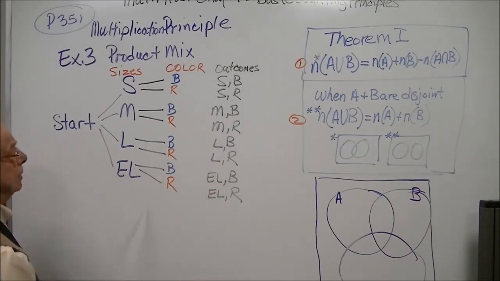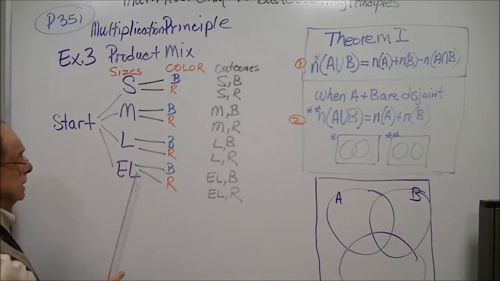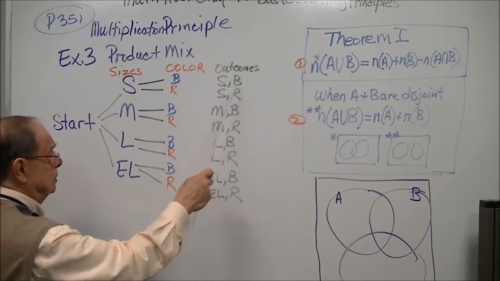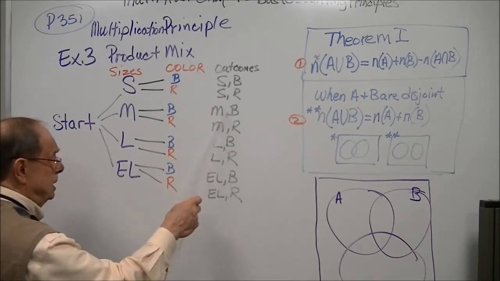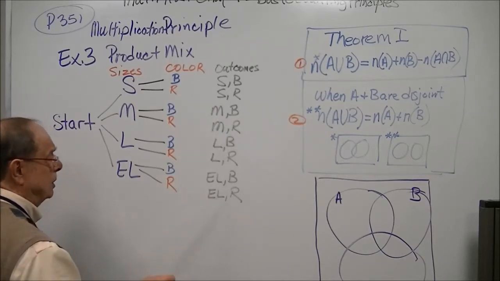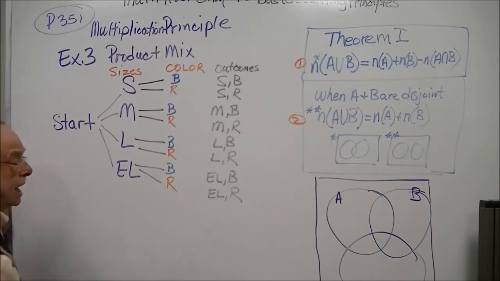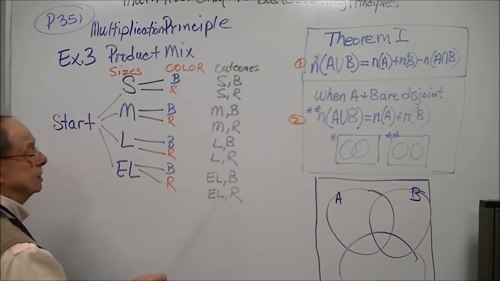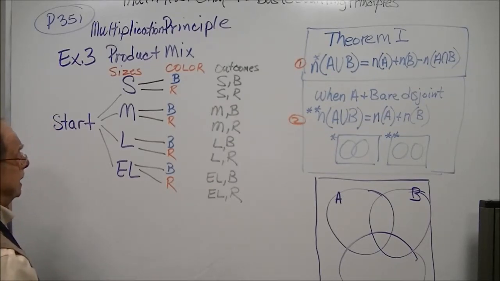By the way, this is called a tree diagram, like a tree in a forest. And your outcomes are small blue, small red, medium, all the way down. And you might say, how many outcomes do you have? Well, in this case, there are 8 possible outcomes.